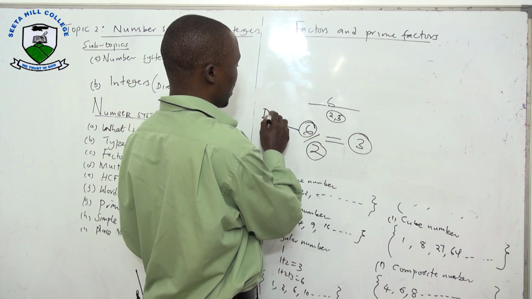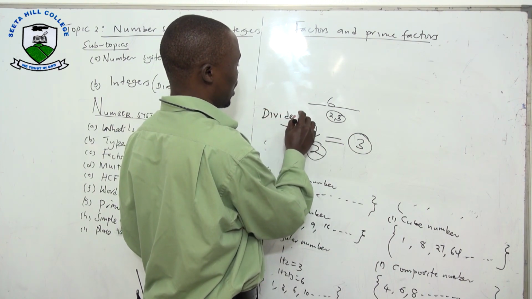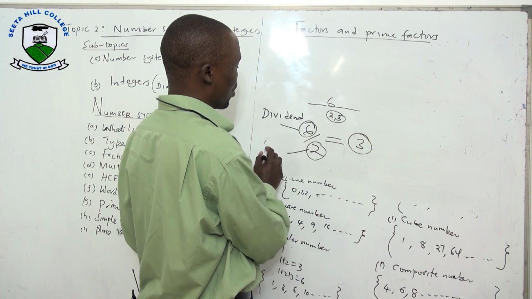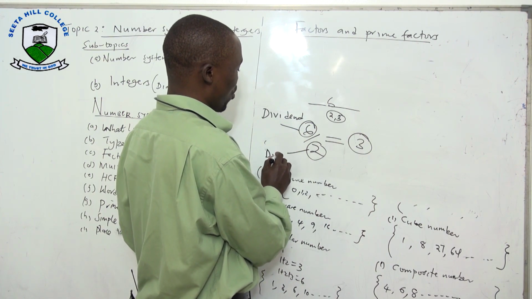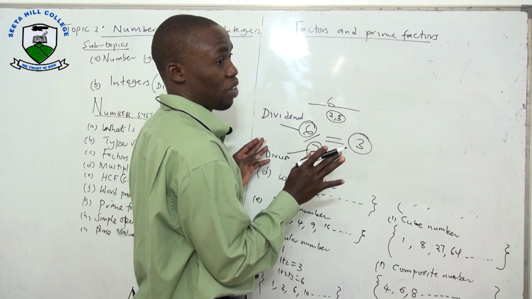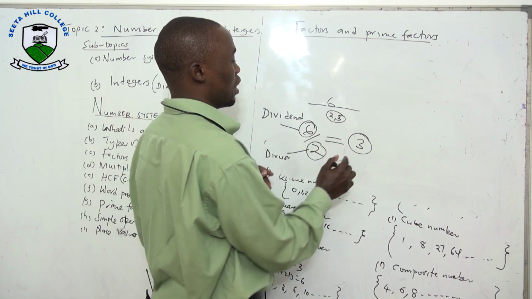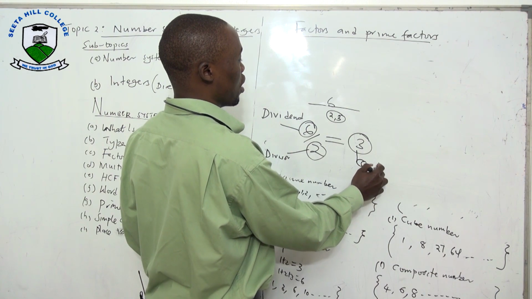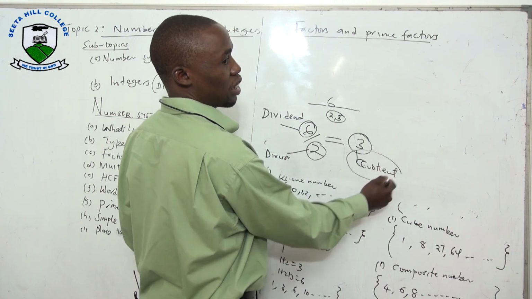This is called the dividend, whereas this is called the divisor or a factor. In case it divides accurately, it becomes a factor. Then the answer is called the quotient.